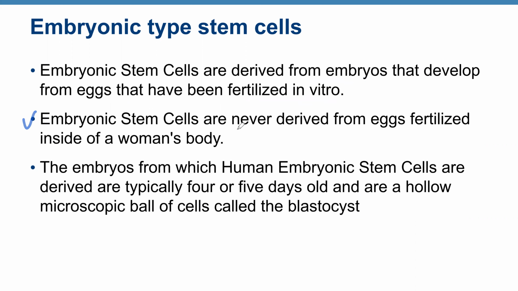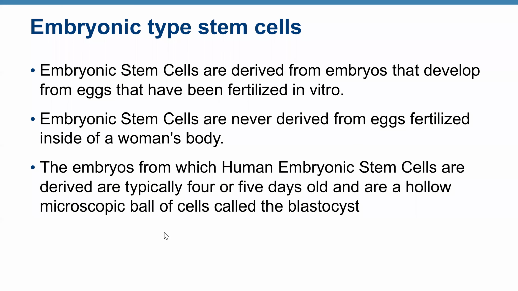Embryonic stem cells are never derived from eggs fertilized inside a woman's body, or at least in the United States. The embryos from which human embryonic stem cells are derived are typically 4 to 5 days old and are hollow microscopic balls of cells called blastocysts.